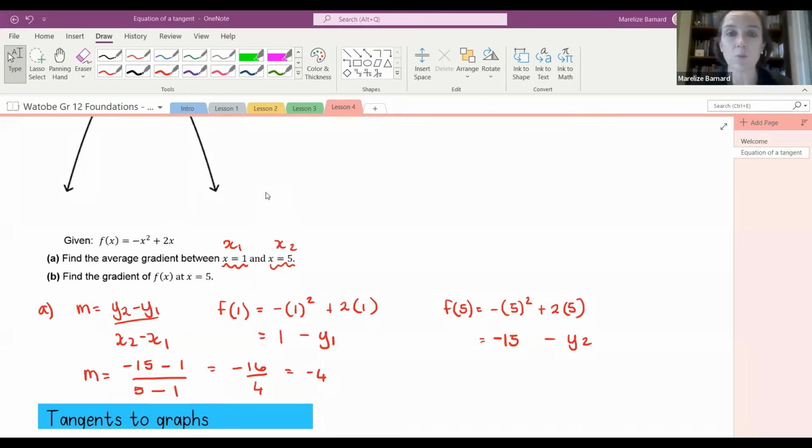So Liam, when we do derivative, anything like that, we must use our derivative notation. Let's use the m for average gradient, and then when we do the gradient at a point, use f dash x. Yeah, f dash x is probably the best one because we're working in function notation.